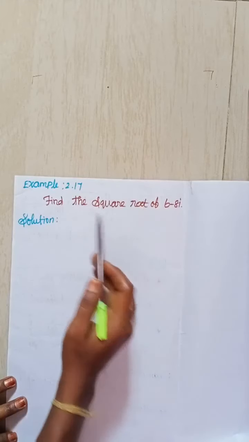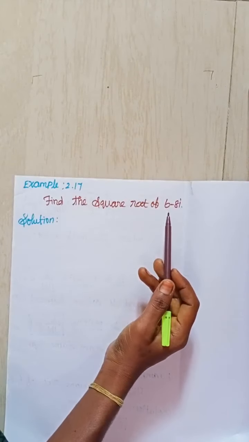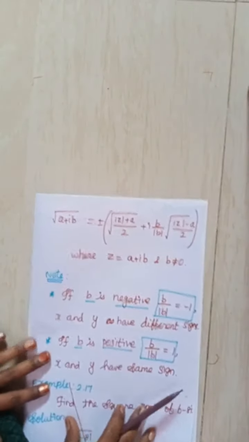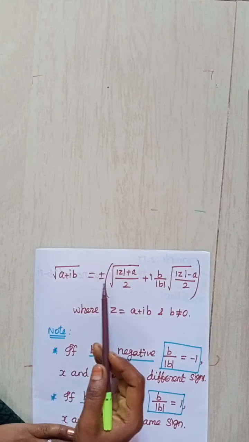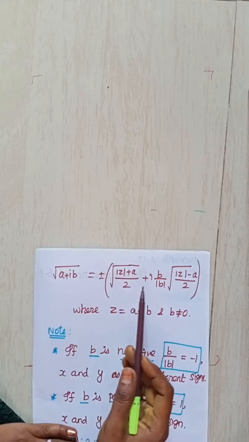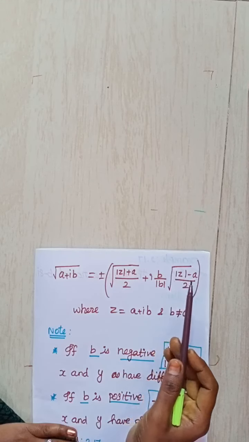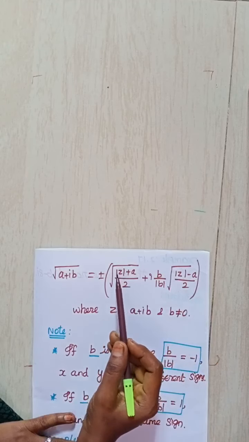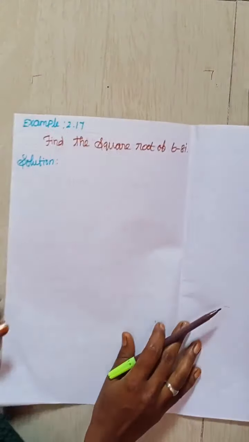We know the square root formula: the square root of a plus ib can be written as plus or minus square root of (modulus z plus a) divided by 2, plus i into b by modulus b, square root of (modulus z minus a) divided by 2. So we need the value of modulus z.